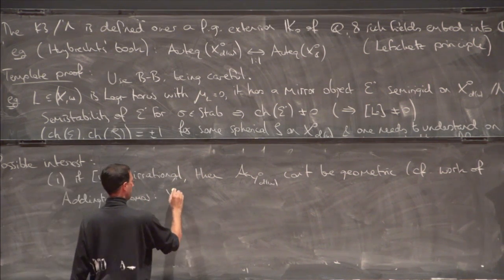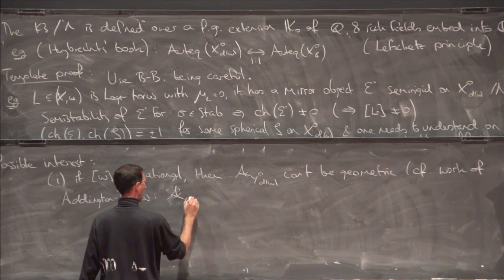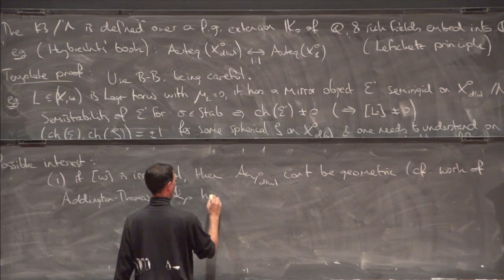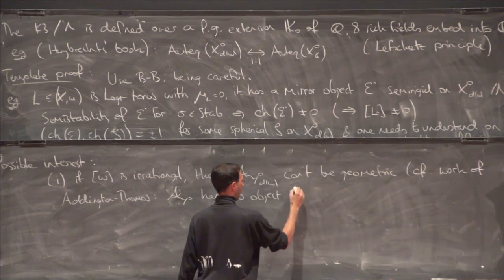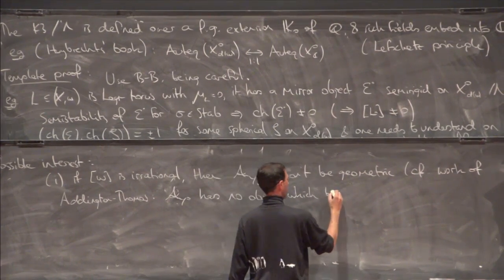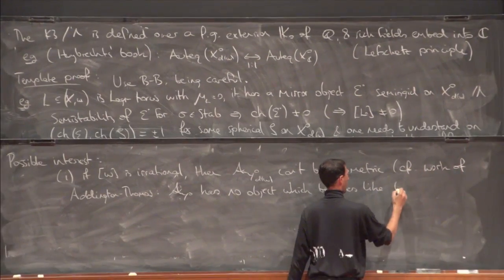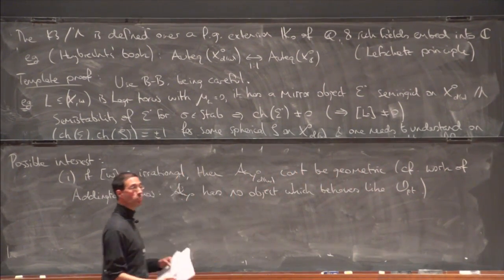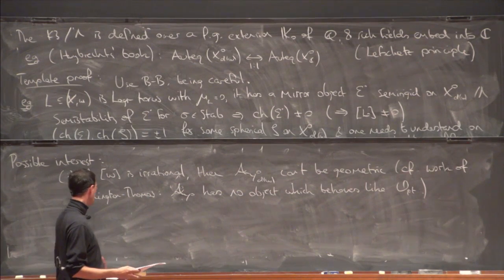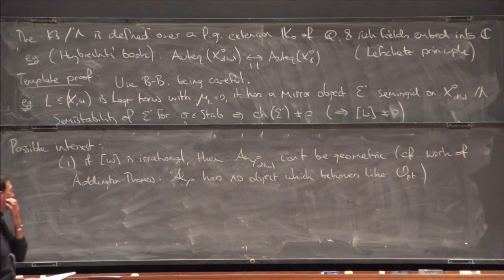One would find that this category has no object which behaves like the skyscraper sheaf of a point. So there'd be no object with the right non-zero Chern character to look like the skyscraper sheaf of a point.